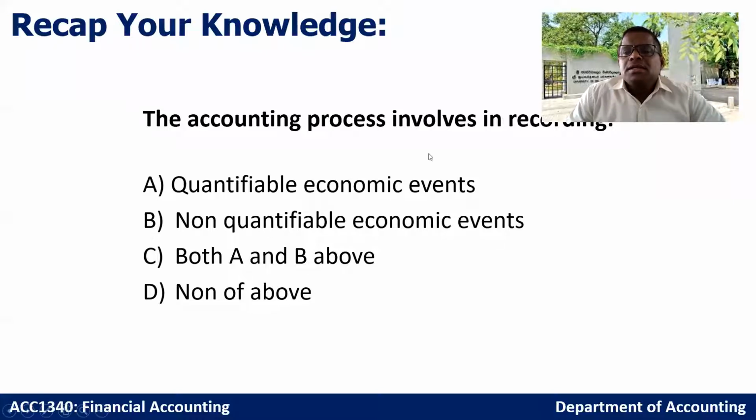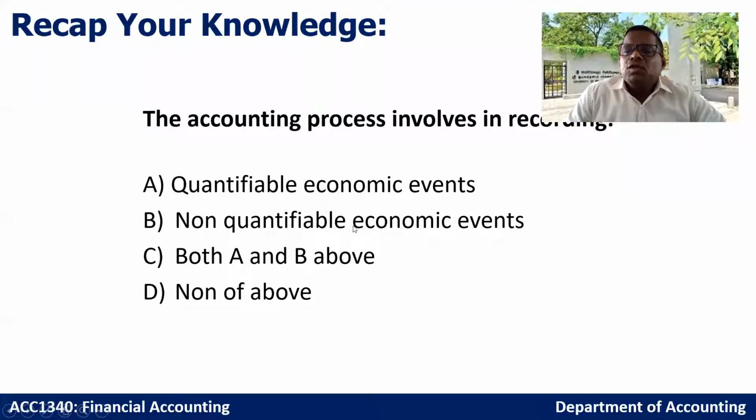If you look at the subject in a broader way, I hope that both A and B above will be correct. Certain non-quantifiable economic events we tend to disclose under financial reporting or financial accounting.